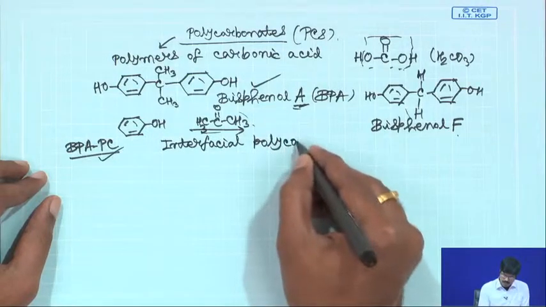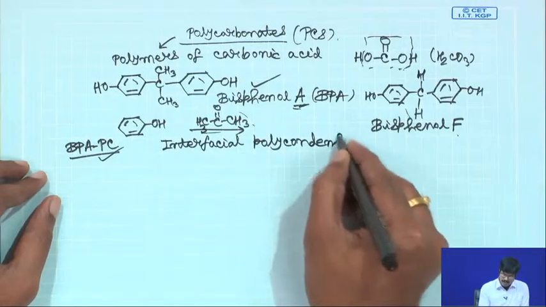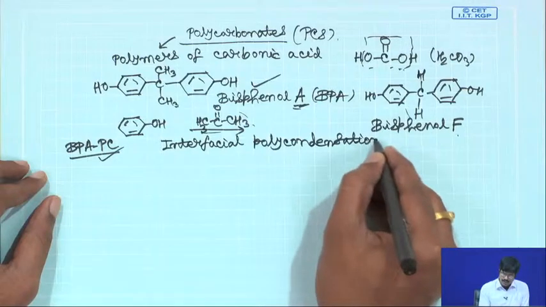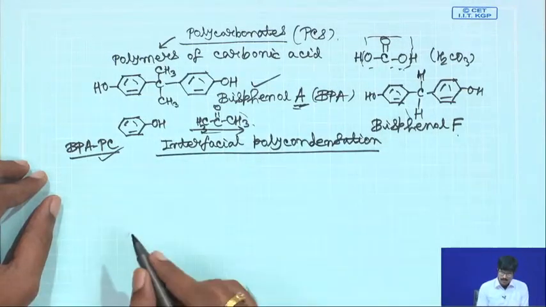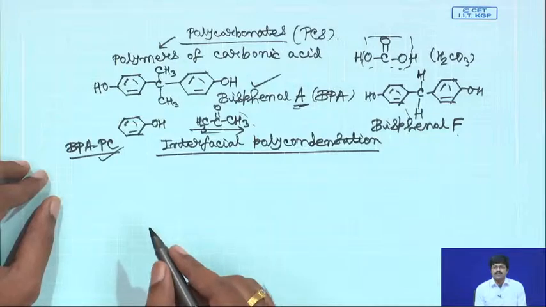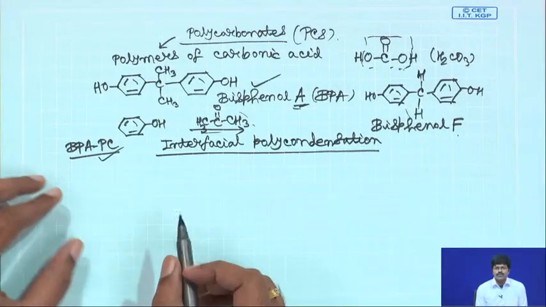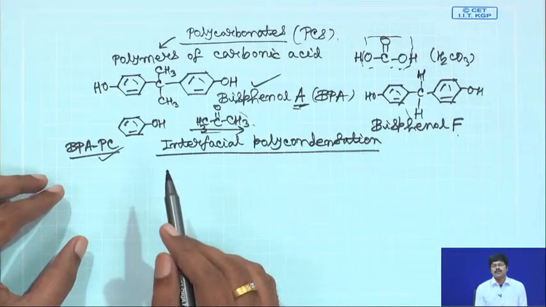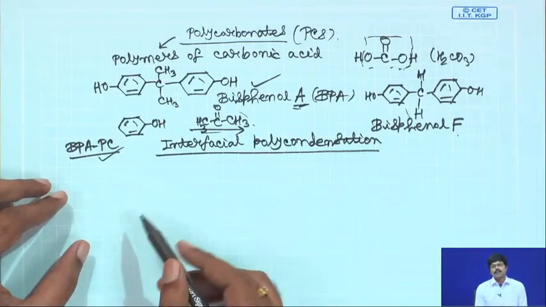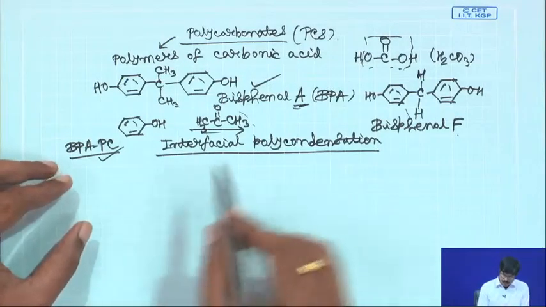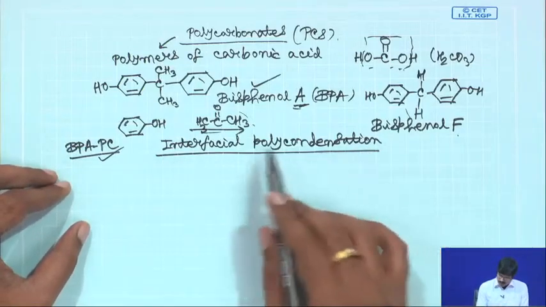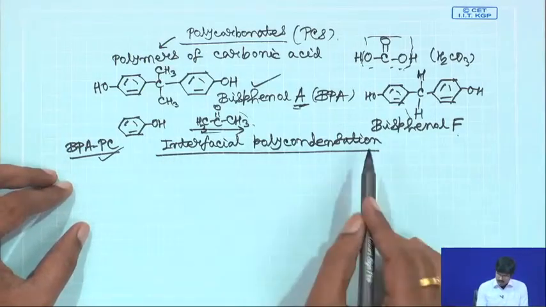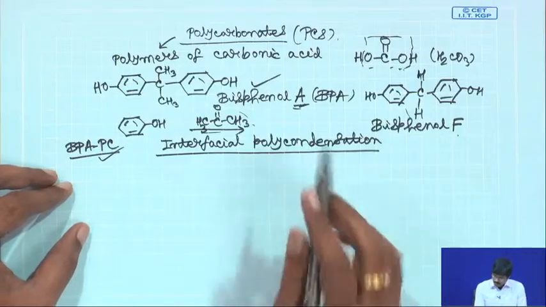So, you see now that we have discussed the principle of interfacial polycondensation when we were talking about the principles of polymer synthesis in the first part of this course. Now you will see the application of those principles here when we are talking about specific synthesis of different polymers. So, interfacial polycondensation is currently widely used for the industrial production of polycarbonates.